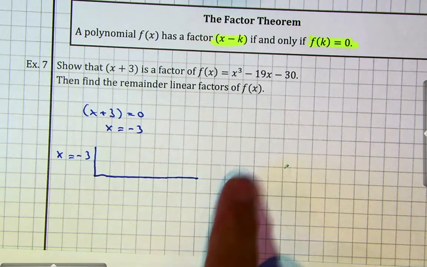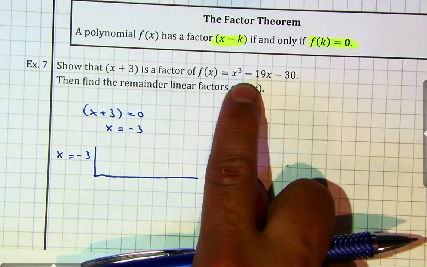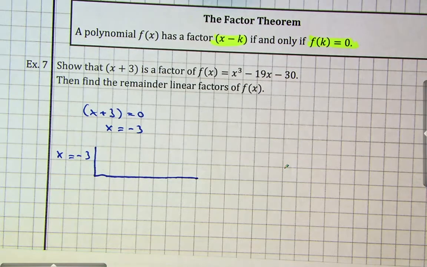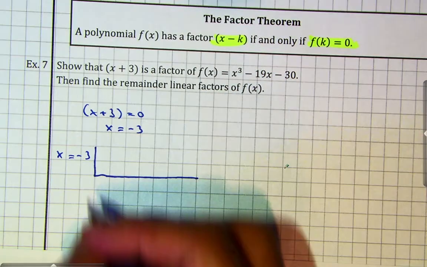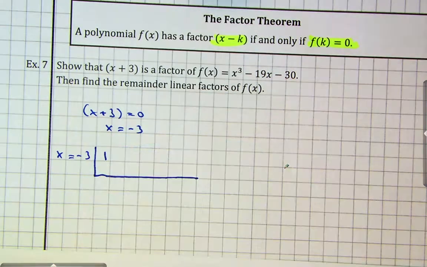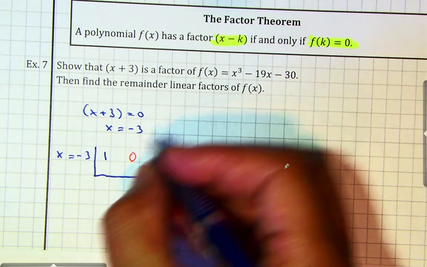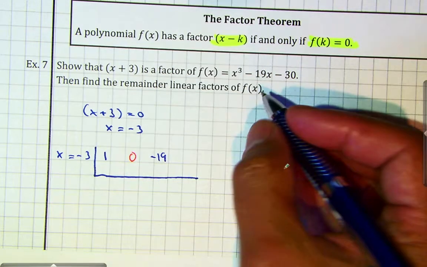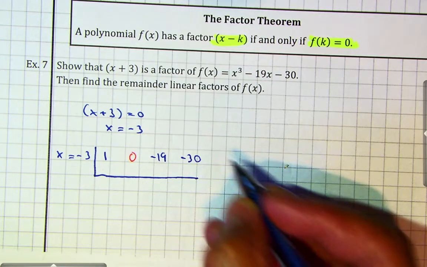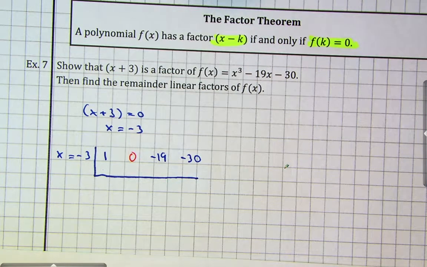Am I missing any exponents? Yes. So my coefficient for x to the third is 1. I don't have an x squared, so I'll place a 0. Then we have an x term, which is -19, and then the constant, which is 30. Go through the process and see what you get. Pause it.